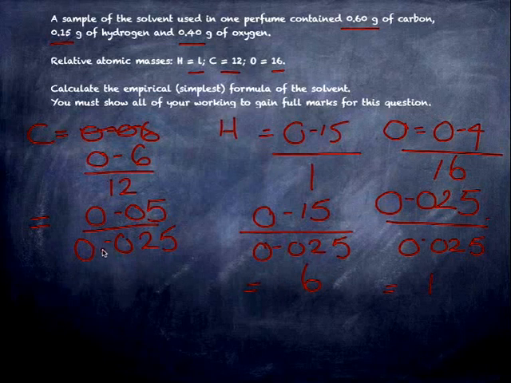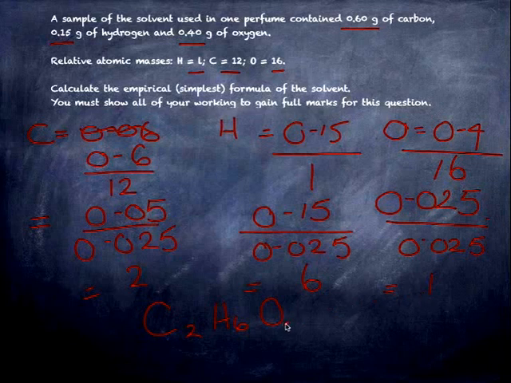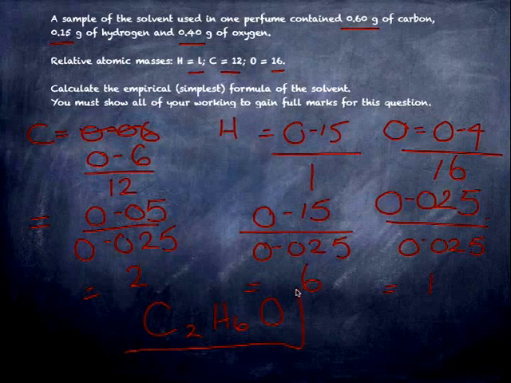And the 0.05 divided by the 0.025 works out at 2. So we have an empirical formula for this particular compound then of C2H6O1. And again, because it's a 1, we don't need to bother writing 1 down here. So there's our empirical formula for this particular compound.